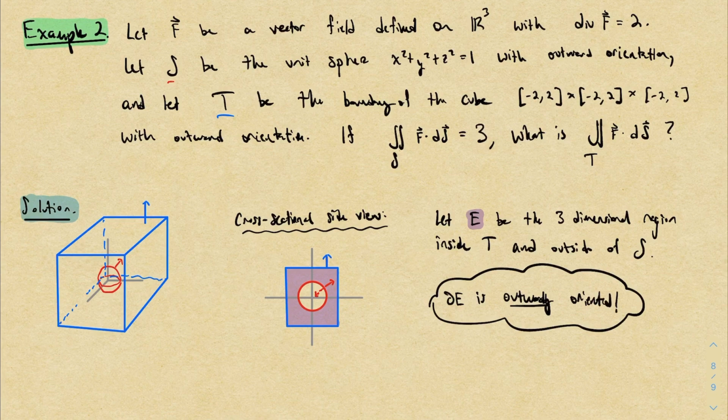You want to think of outward as being away from the region. So the normal vector for S is pointing in the wrong direction because it's pointing in to the purple region. So what this tells us is that the boundary of E is plus T minus S. Think about that for a few seconds to make sure it makes sense.